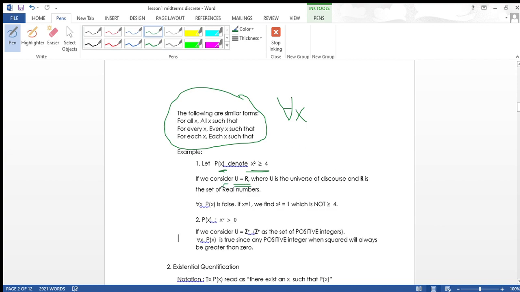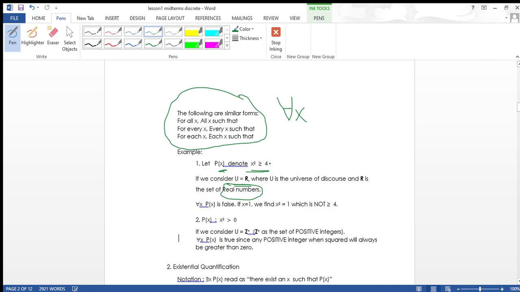So your capital R there is being represented by the set of real numbers. And if we want now to consider the truth value, this is your p of x, x squared is greater or equal to 4, which is your open proposition.